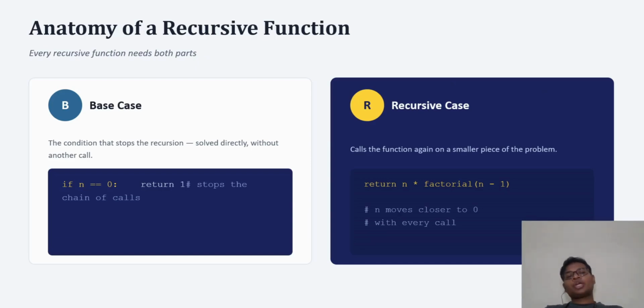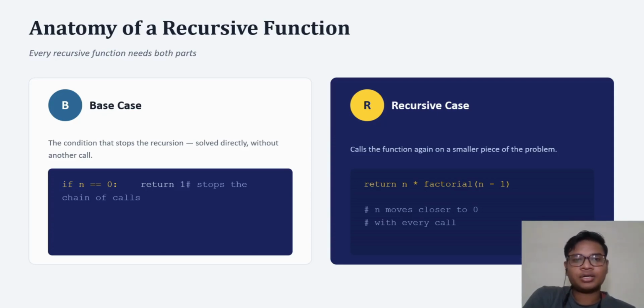So let's talk about the anatomy of a recursive function. What do we mean by the base case and the recursive case? Those are the most important cases inside a recursive function. The base case is the condition that stops the recursion and solves directly without another call.